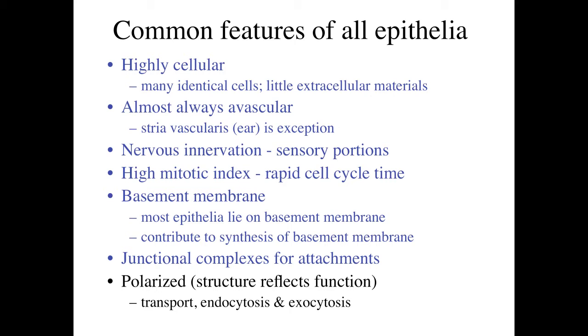And epithelia are polarized, and this polarization reflects structure and function, so we often say that the structure reflects the function. As we'll come to understand, epithelia can be polarized for transport, and you might already have a feeling that epithelia may be polarized for processes like endocytosis and exocytosis.